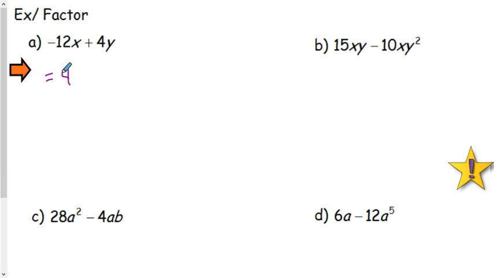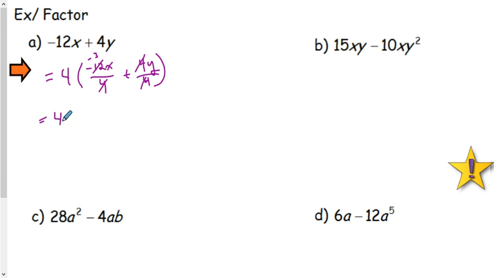Now, what would that look like? If I pull a 4 out front, I also need to divide each of the terms by 4. So negative 12x over 4 and 4y over 4. Well, 4 divided by 4 is just 1. Negative 12 divided by 4 is negative 3.